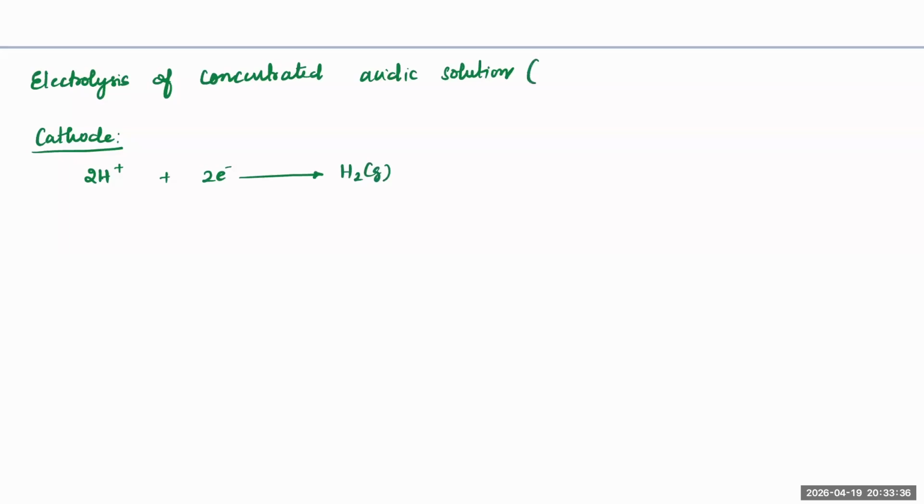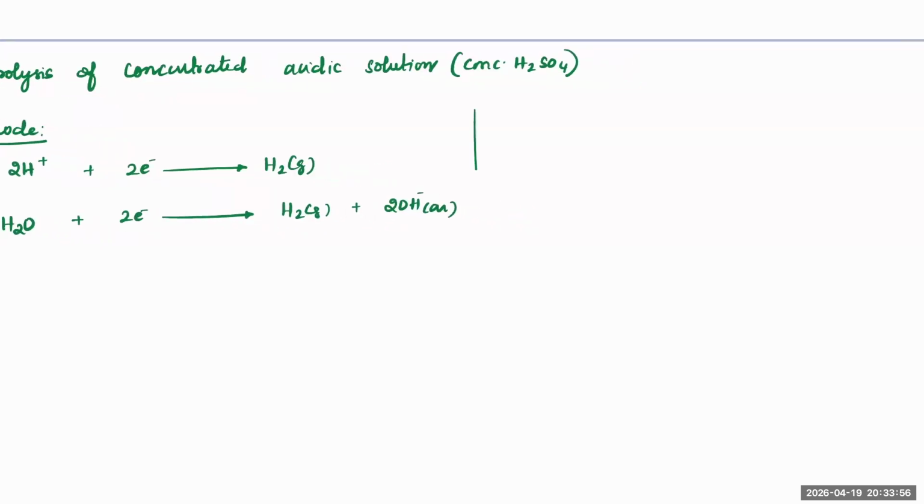Which means what is that concentrated acid I'm taking? Typically, I'm taking concentrated H2SO4. And then you know that water is another competitor which is competing with this to get H2 gas plus 2OH minus aqueous ions. So this is competition at cathode. What about at anode?